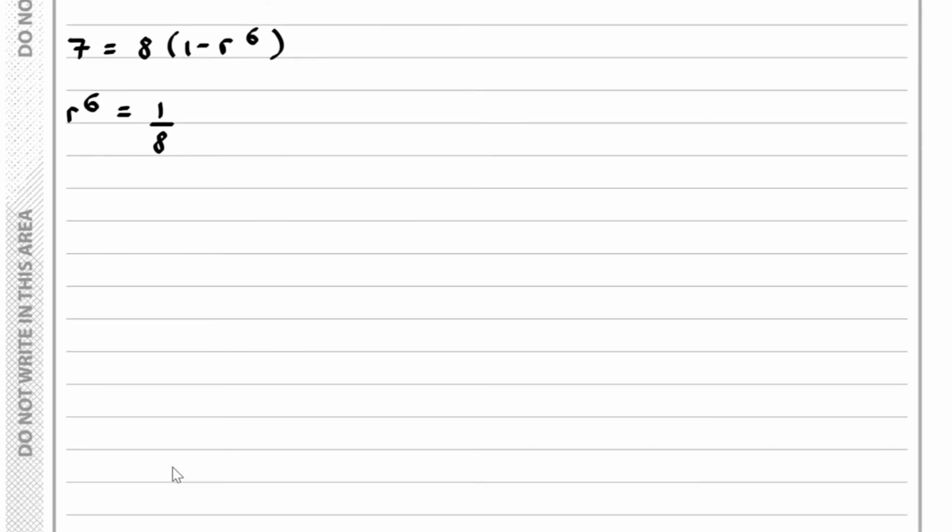And what I need to do is find out the 6th root of 1/8. Now, let's just rewrite that. I need to find out the 6th root of 1 over 8.